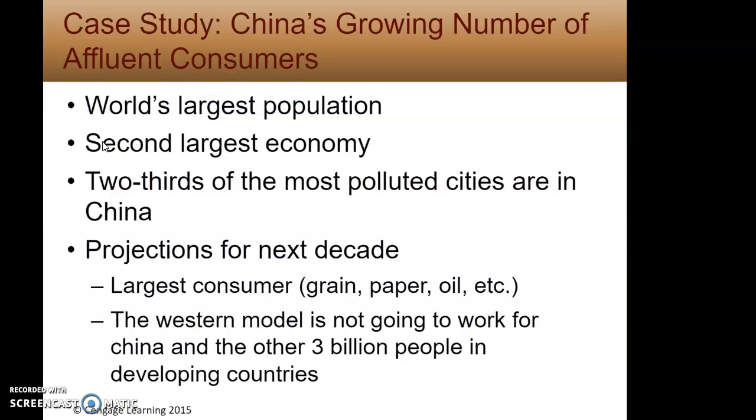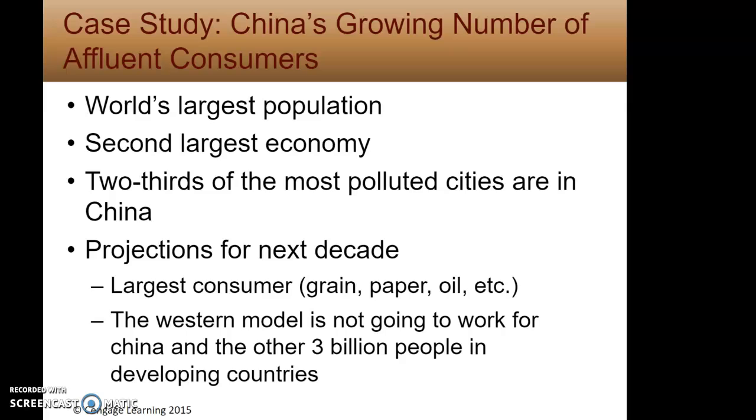And then if we look at China, China has the largest population in the world, and has the second largest economy. So by looking at China, we would have a better understanding of the world population in the future, a quick picture. So with rapid economic development, now 2/3 of the most polluted cities are in China. So this is a price you pay for rapid economic development.